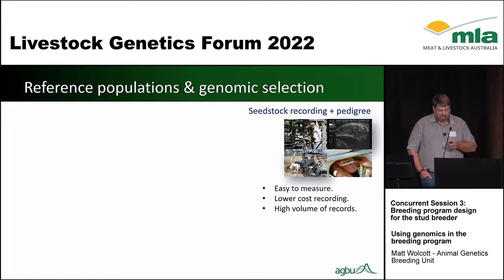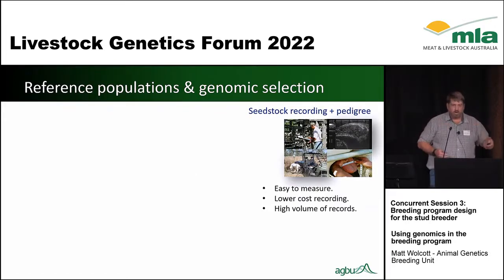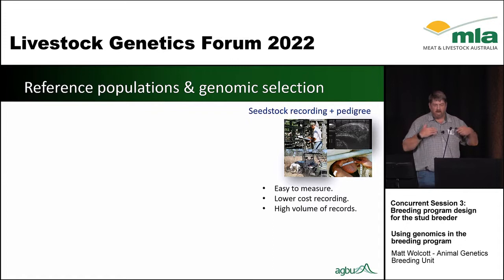So I was thinking of this in terms of how BREEDPLAN was before single step, so before genomics were in the evaluation, and that allowed us to include reference information. But prior to that, we had a structure where seed stock breeders were recording traits and submitting pedigree information on the animals in their herds.